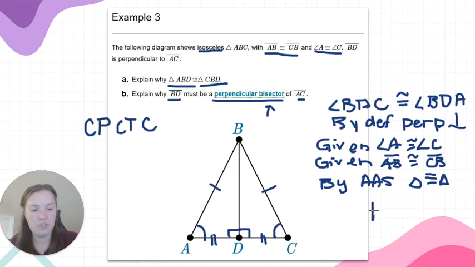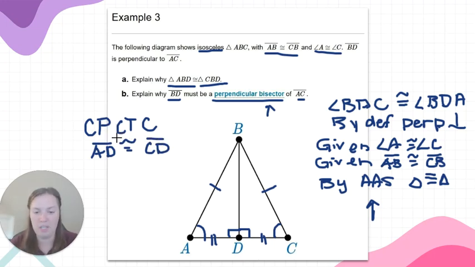We just proved that our triangles are congruent. Well, AD and CD are corresponding. That means that because my triangles are congruent, AD has to be congruent to CD by the CPCTC theorem, okay? If these two are the exact same size and we have a perpendicular line, that means that they have to be perpendicular bisectors. By definition of a perpendicular bisector, we need 90 degrees and equal length, and we have 90 degrees and equal lengths.